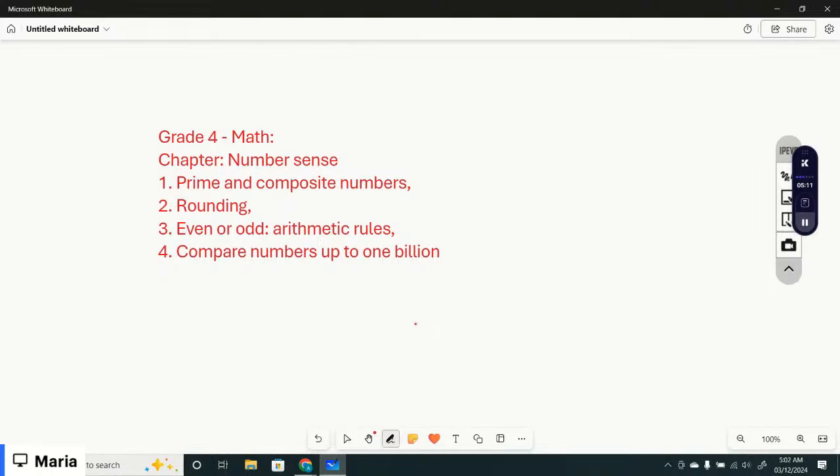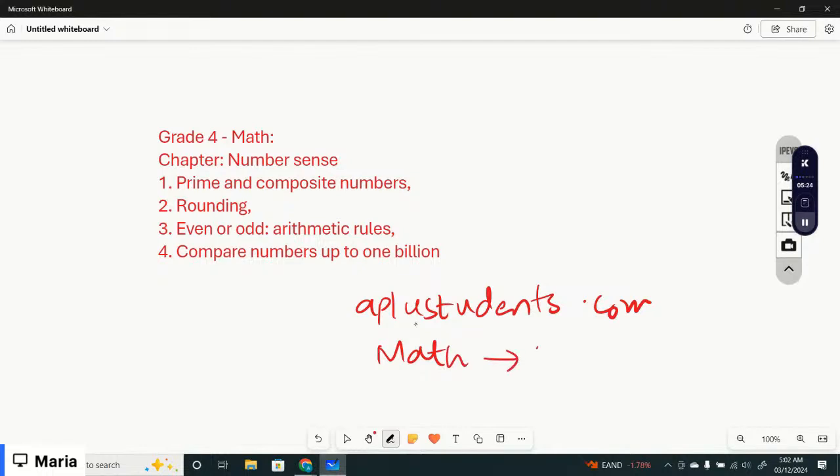Then you have to select math from the subject tab. Scroll down to grade 4 math and then click on view all lessons. There you can find a list of the chapters.